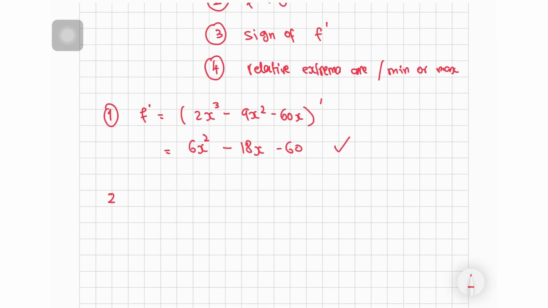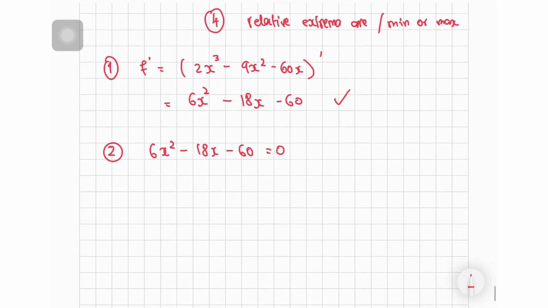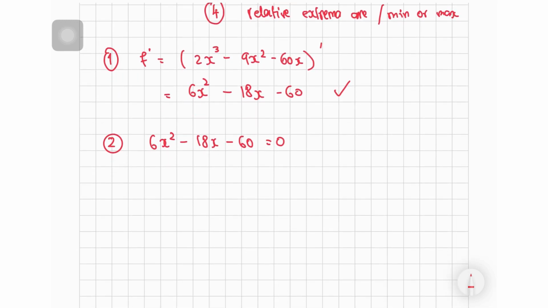Second step, set the first derivative to 0, so 6x squared minus 18x minus 60 equals 0. We can simplify this by dividing by 6: x squared minus x... x squared minus 3x minus 10 equals 0.